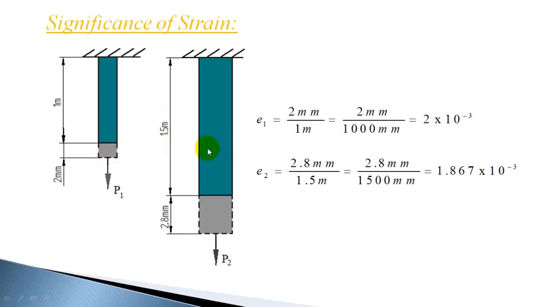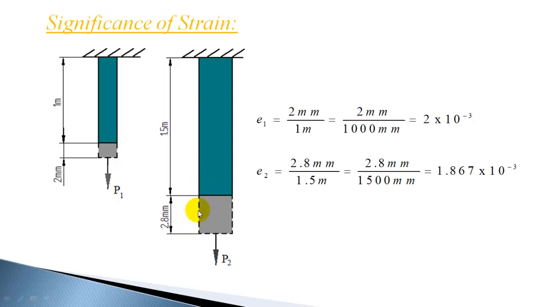So this undergoes less deformation in unit length, or these quantities you compare. Now this strain in unit length, the second bar is having less value compared to the strain in the first bar. So this bar is undergoing less deformation in unit length.